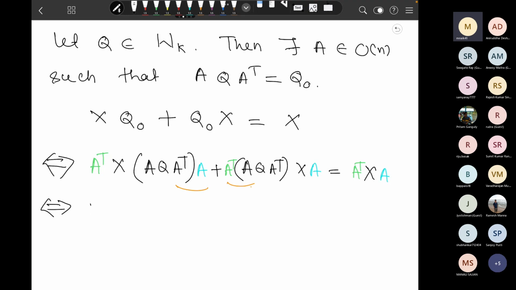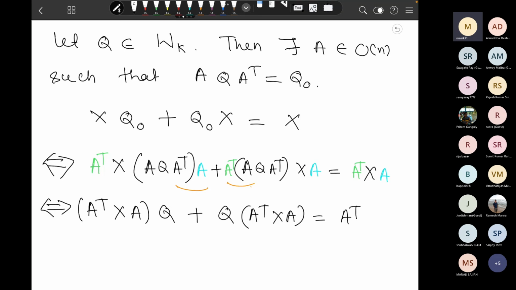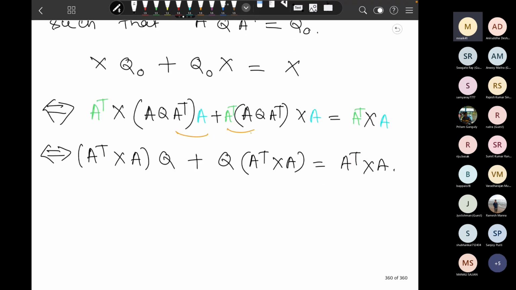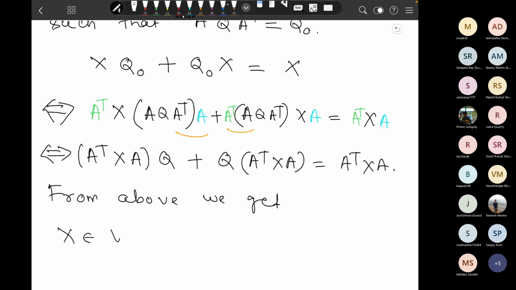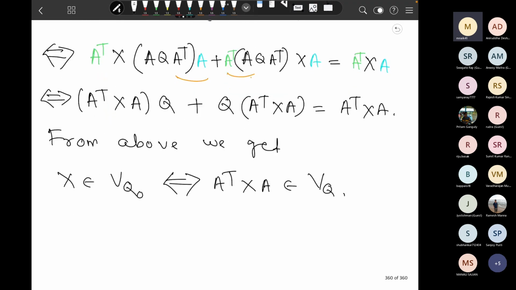So we will get this thing A transpose X A Q plus Q A transpose X A is equal to A transpose X A. So from above, you get that X belongs to BQ naught if and only if this A transpose X A belongs to BQ.